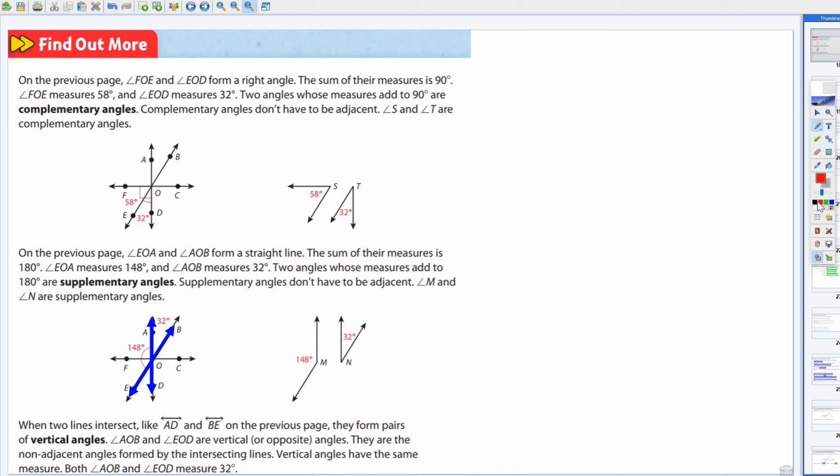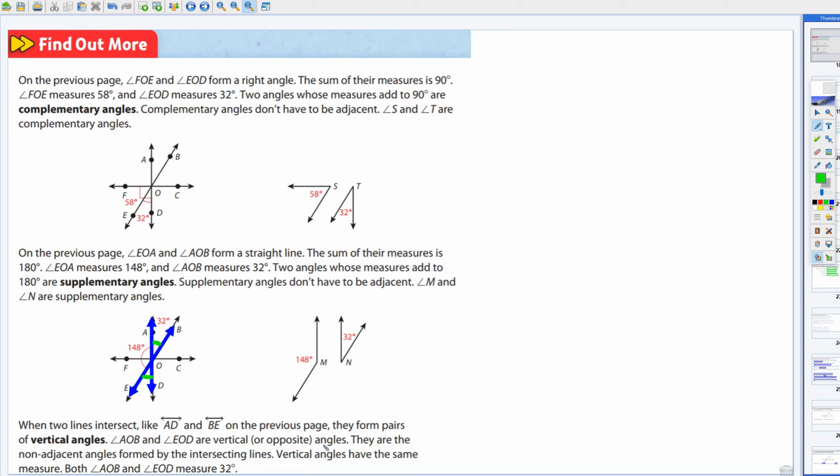Let me draw that so you guys can see that. Use green. Vertical angles. Angle AOB is vertical to angle EOD, or DOE. Angle AOB and angle EOD are vertical or opposite angles.